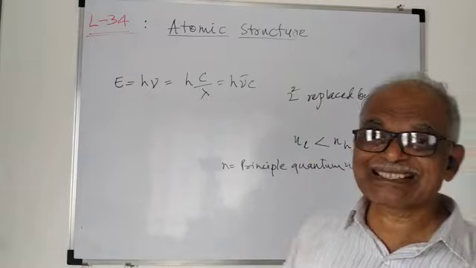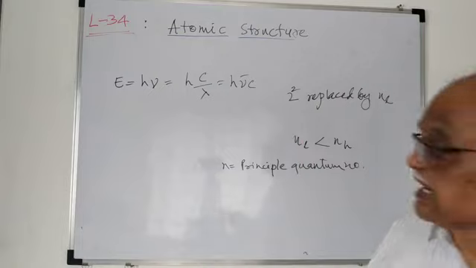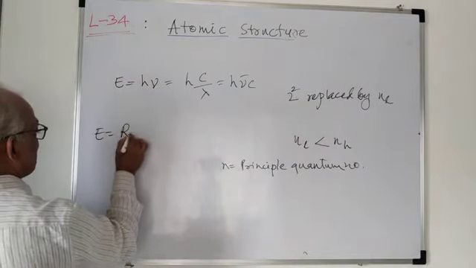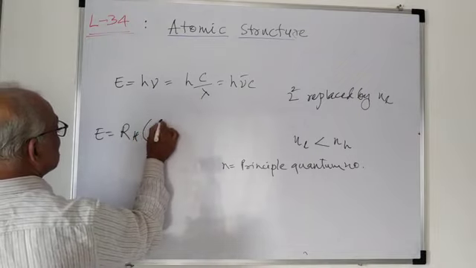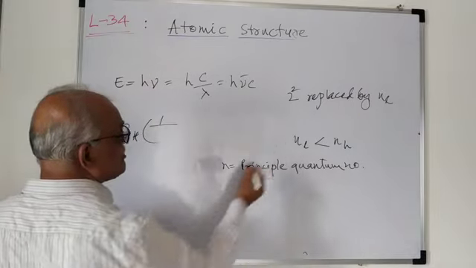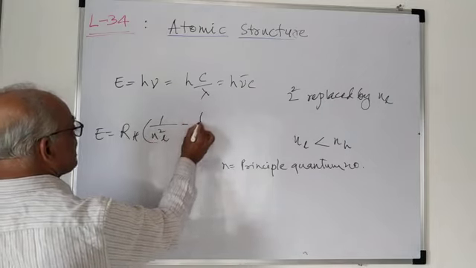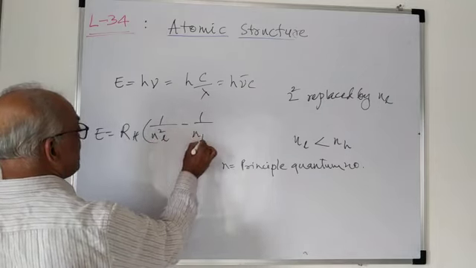So in Rydberg's constant, when we replace 2 square, E is considered as RH into 1 upon nL square minus 1 upon nH square.